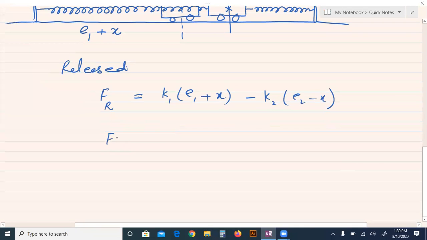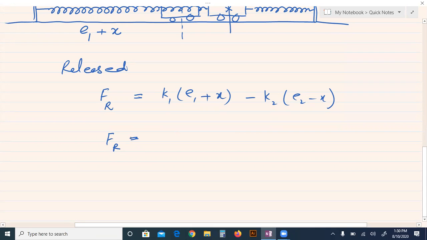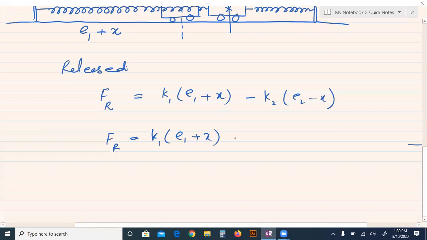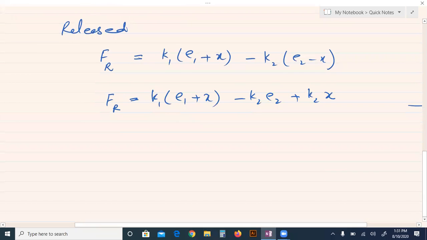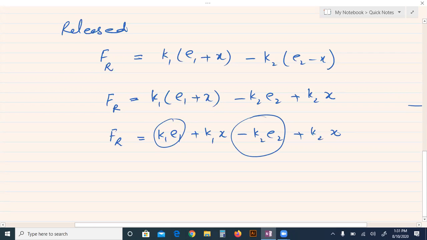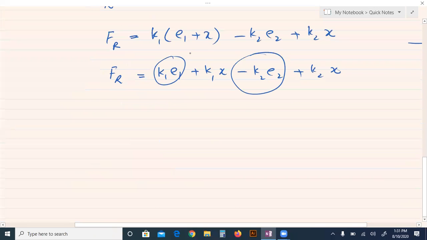Now the resultant force FR is equal to K1 E1 plus K1 X minus K2 E2 plus K2 X. Look, K1 E1 and K2 E2 are equal but opposite in direction, so we can cancel them.